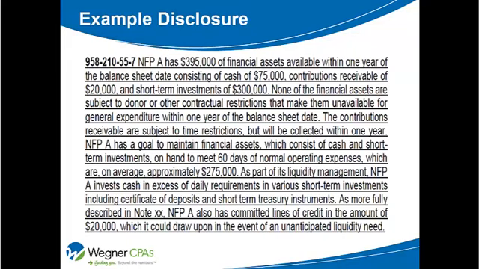If there's low complexity, so maybe you've got a few restrictions, but they're mostly time restrictions, those sorts of things can also be explained in text. So you wouldn't necessarily need to put a table together. But if you have moderate to higher complexity, you probably are going to want to include a table.